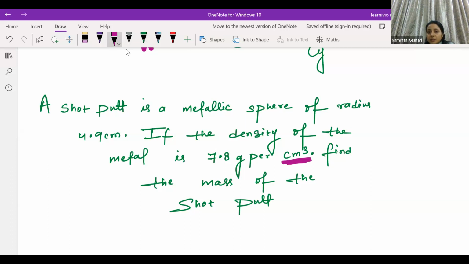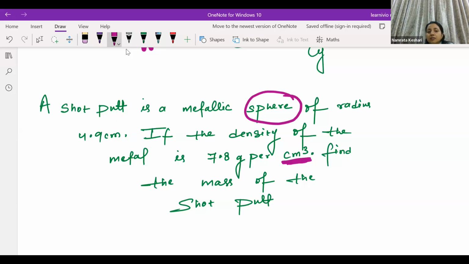Can you see this unit? Are you understanding it is a unit of volume? So are you getting that we have to find at first maybe the sphere's volume? Yes or no? Okay, now let's read the question.